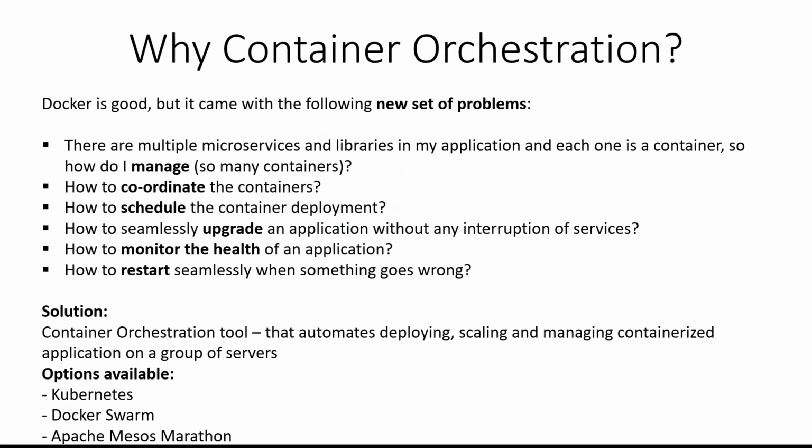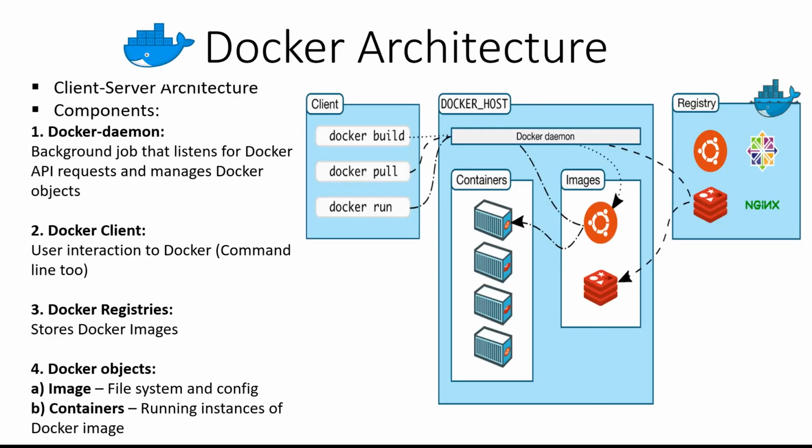As an extension, Docker is good for most smaller use cases, but when you take a real-time use case, there will be multiple services running, and each service could be a small Docker image. For example, take an e-commerce application.